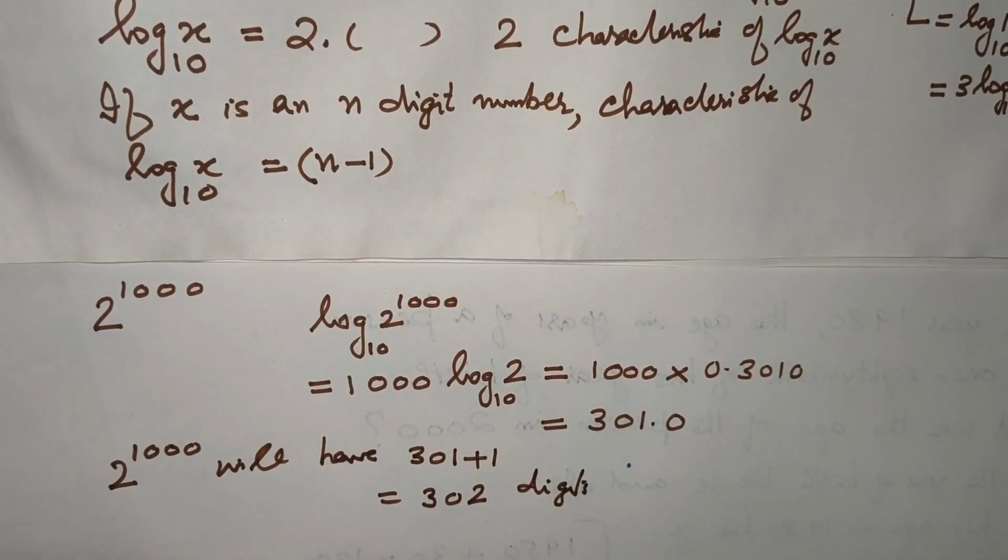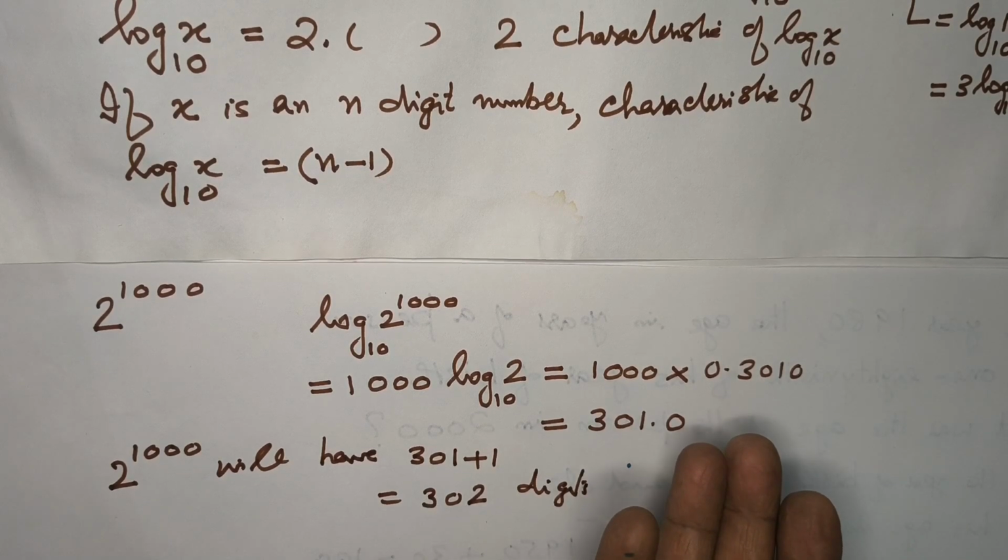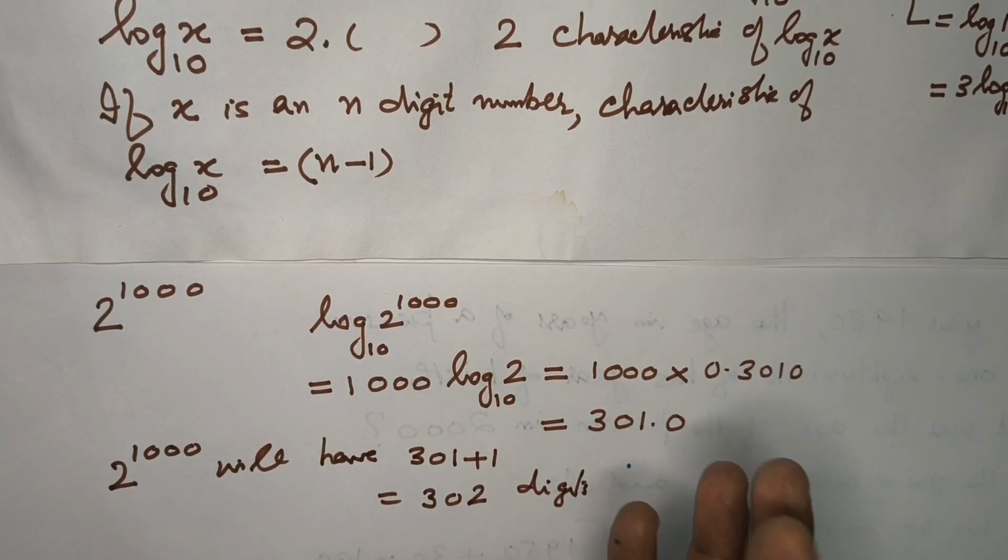So to find out the number of digits in a huge number like this, you take logarithm, then use the logarithmic table. These values are arrivable from the logarithmic table. In an exam, they will of course provide these values to you for a question like this, and substitute here, simplify, you get the characteristic, add 1 to that, you get the number of digits. This is how you find out the number of digits.